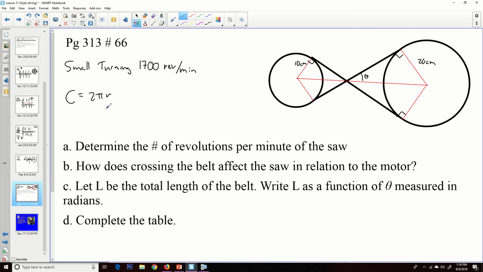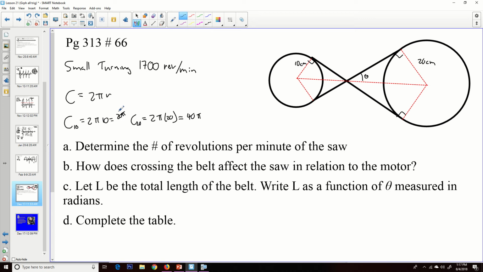So in the small one, c equals 2 times pi times 10, which would be 20 pi, and the bigger one would be 2 times pi times 20, which would be 40 pi. So basically, this one is twice as big as this one.